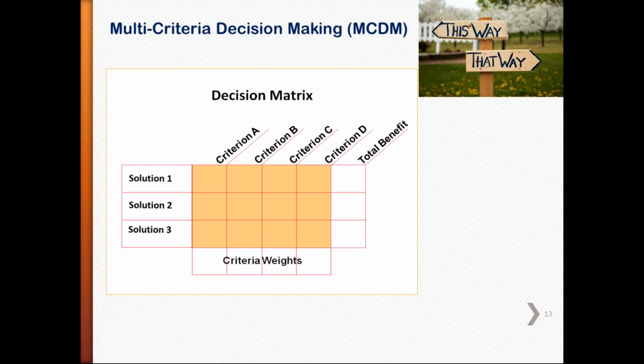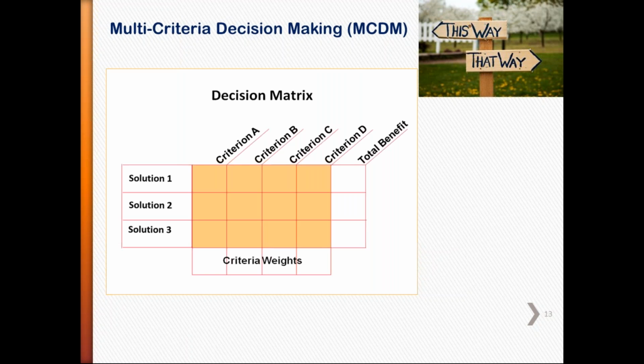Now, this represents a multi-criteria decision-making scenario and a decision-making matrix. On the left side, you can see solution 1, solution 2, solution 3. Solution is nothing but alternative. We have 3 candidate alternatives, and each alternative is being evaluated by means of 4 different criteria, criteria A, B, C, D. The last column is important, where it is written total benefit.